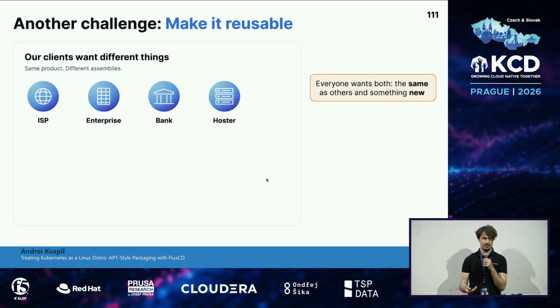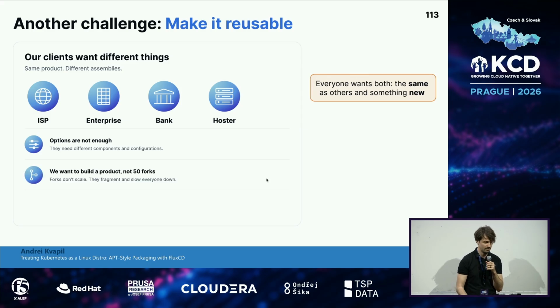All of them need the same solution, but slightly different. They need the same things as others, but something new. Options are not enough for them, bundles are not enough. They need a better level of customization.